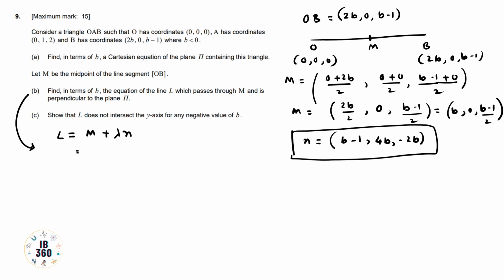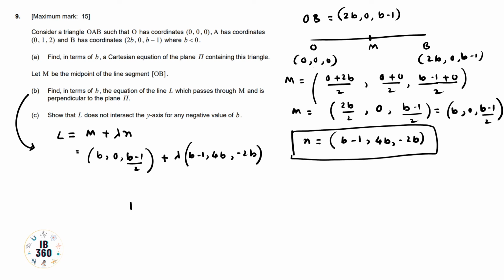The coordinates of M are b comma 0 comma (b minus 1) divided by 2, plus lambda into the coordinates of n, which are b minus 1 comma 4b comma minus 2b. So ultimately this is the answer.